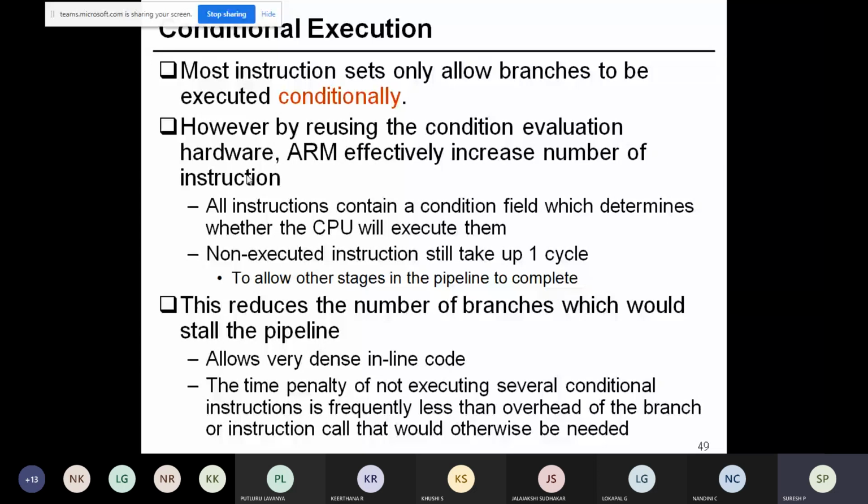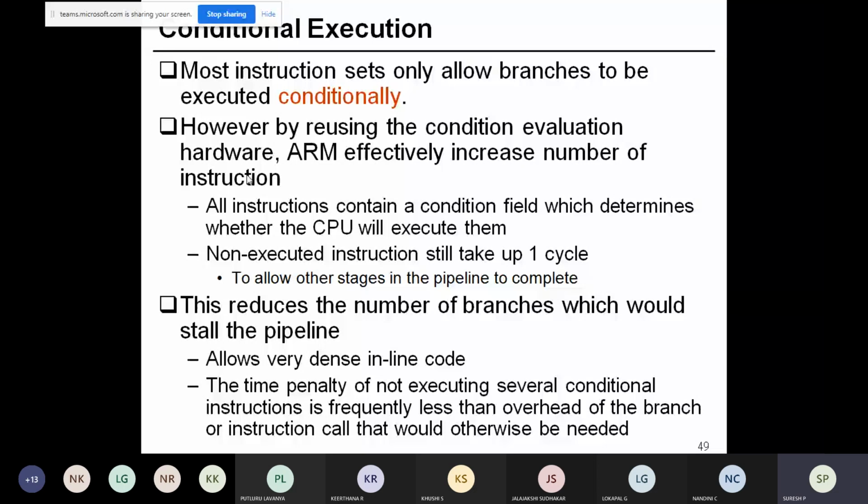I showed that in an example in the previous class, I think. Do you remember the fetch and decode stage for ADD, for example? In the second stage, the fetch for the second instruction will be happening wherever your first instruction is in the decode stage.